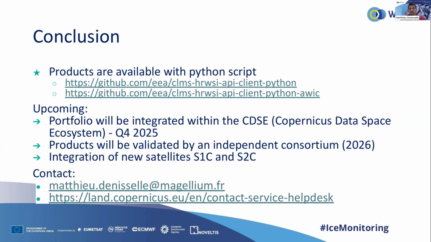Also, the new satellites which were launched this year, so S1C and S2C, will be integrated in the production. If you have any question, you can contact me, and also I added the help desk link from the CLMS.